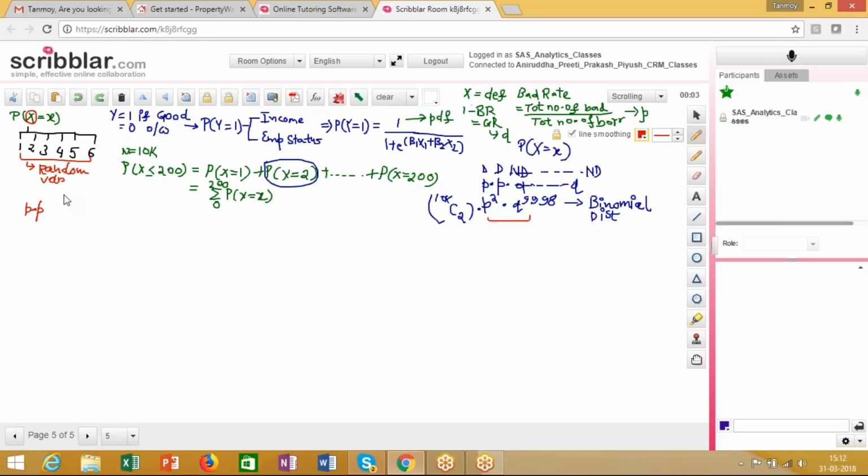Now comes the third case. In the third trial, I give the loan, and this borrower actually turned out to be a good borrower. When the loan was given, he had the chance of being a good borrower as well as a bad borrower, and he actually turned out to be a good borrower. That is, he did not default.